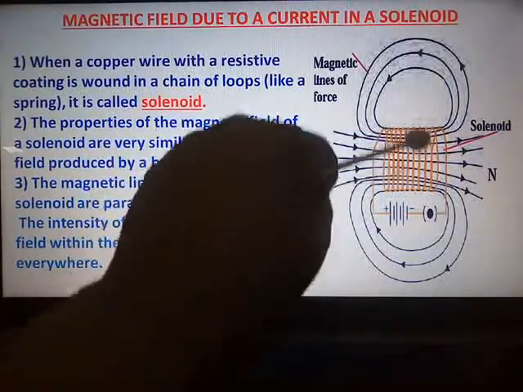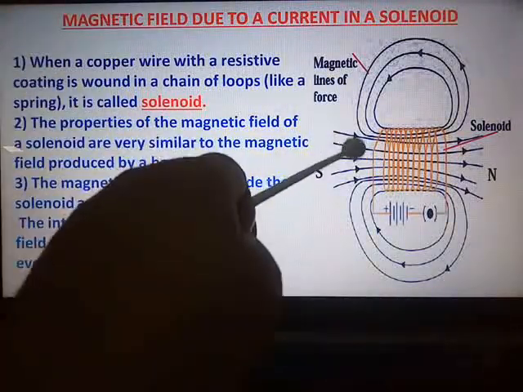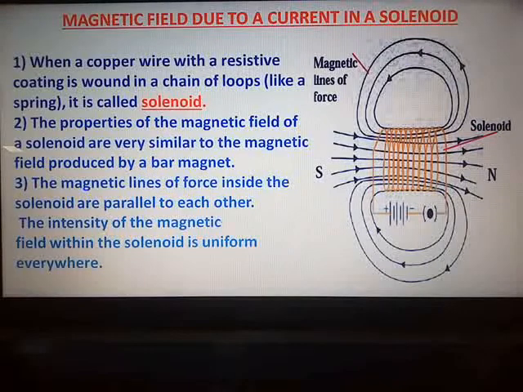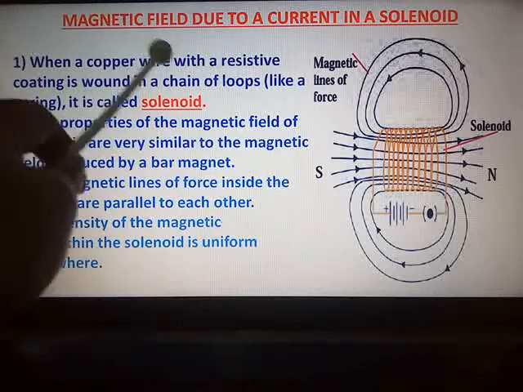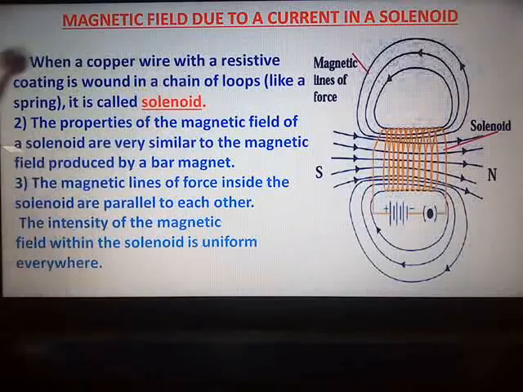You can see here turns of copper wire wrapped in the shape of a cylinder. That cylindrical shape is known as a solenoid. Or in physical terms, when a copper wire with a resistive coating is wound in a chain of loops like a spring, it is called a solenoid. It can be asked as a definition or true and false, so you have to be prepared with the definition of a solenoid.